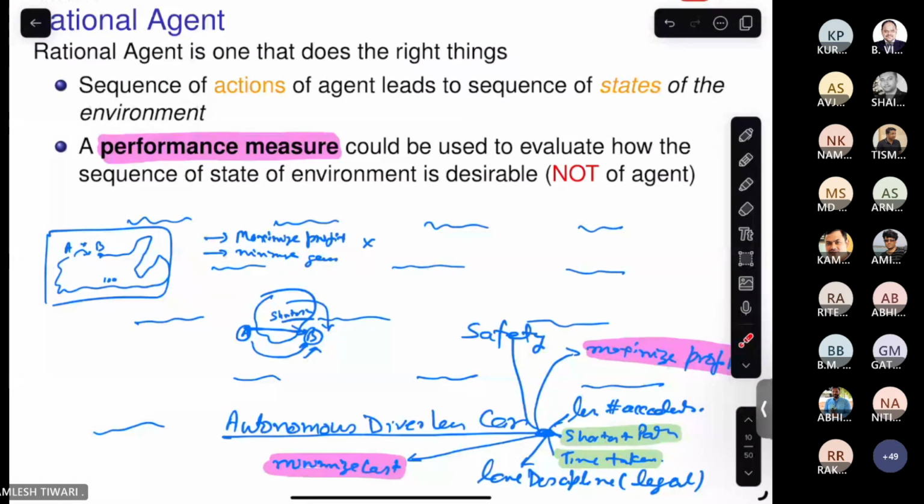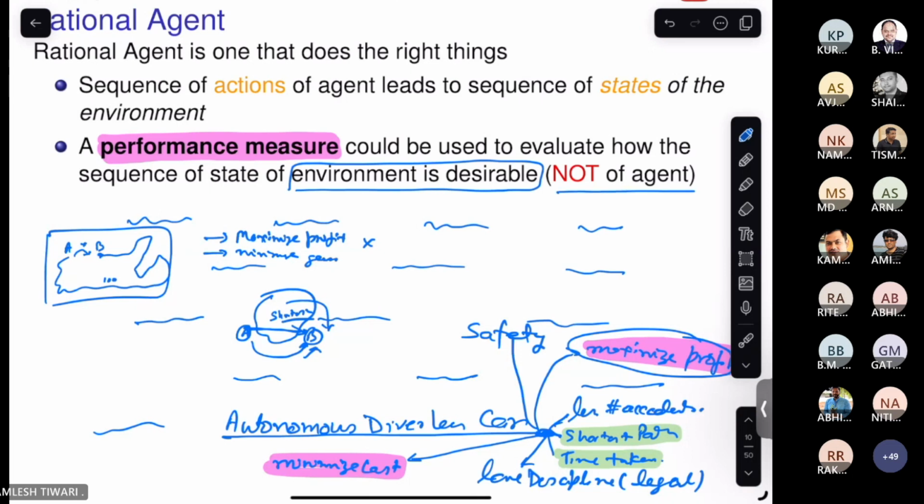A system is very good because if I put this one, if I'm maximizing profit, if I put this as a performance measure, it will be very good for the company. But for the overall society, it is not going to be good. So this is an important thing that I wanted to tell you today, that performance measure should be evaluated by how the environment is desirable, not how the agent is desirable.